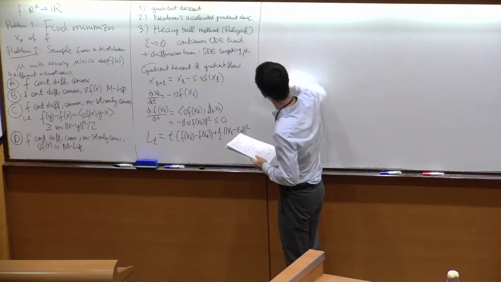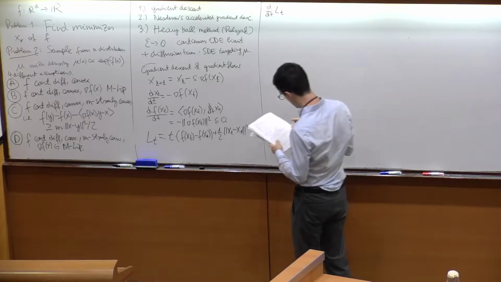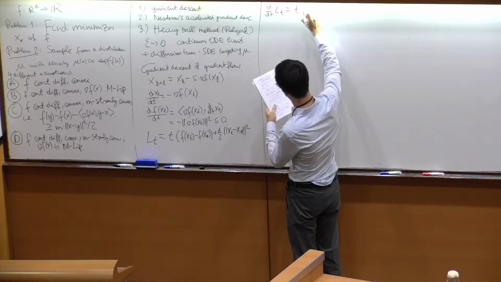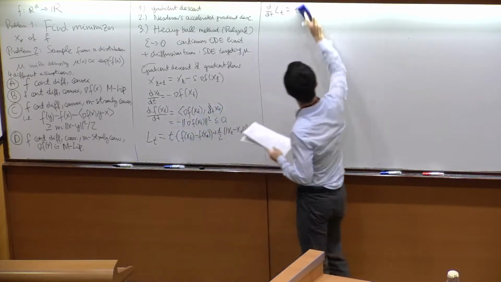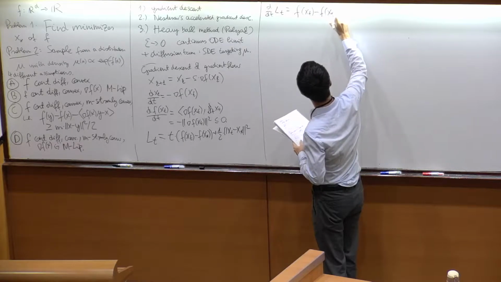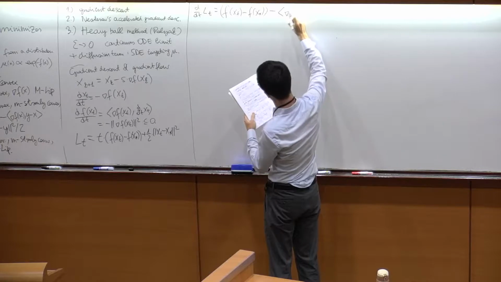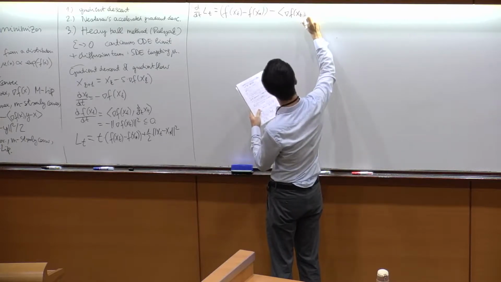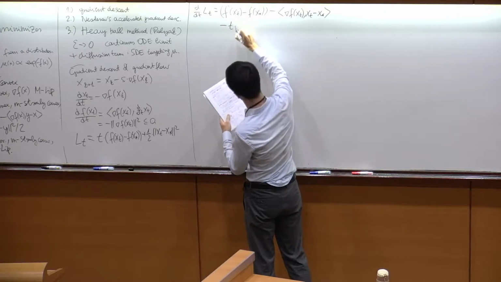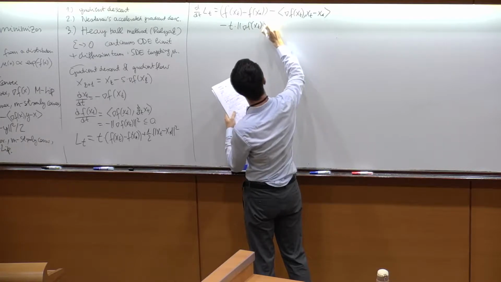Then you can show that d over dt of L_t equals t times (f(x_t) minus f(x star)) minus the inner product of the gradient of f(x_t) with (x_t minus x star), and minus t times the squared norm of the gradient of f(x_t).